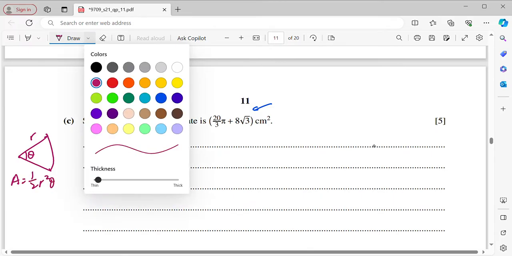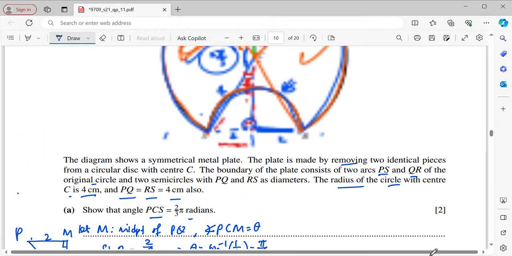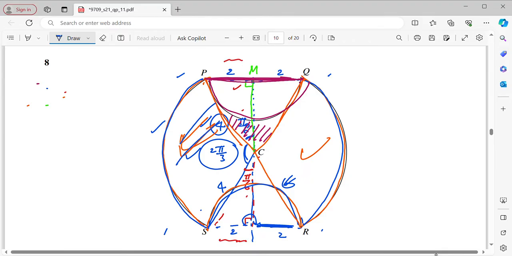Now I will write down the concept first. Area equals to 2 of the area of sector PCS. The area of sector PCS means that you have found all this. Basically the sector is supposed to be like this.